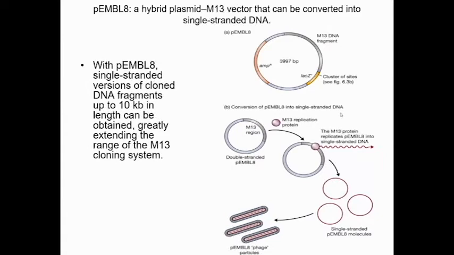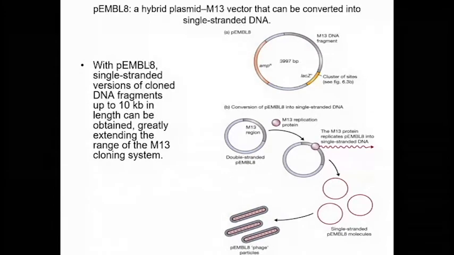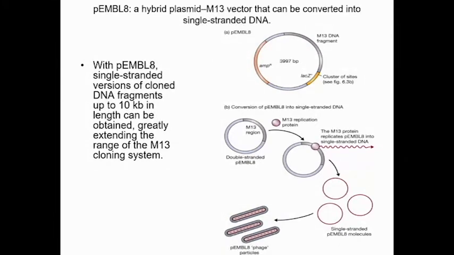And this plasmid is PMBO8, which is a hybrid plasmid, okay? So for this vector, you can produce single-stranded DNA up to 10 kilobases, okay?